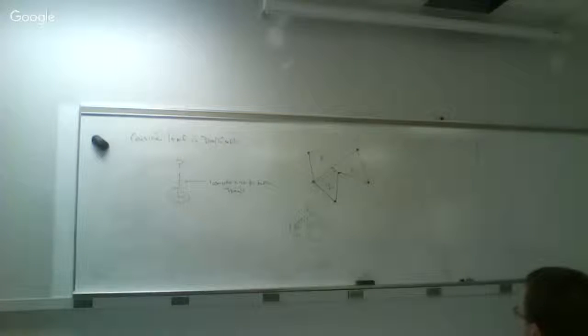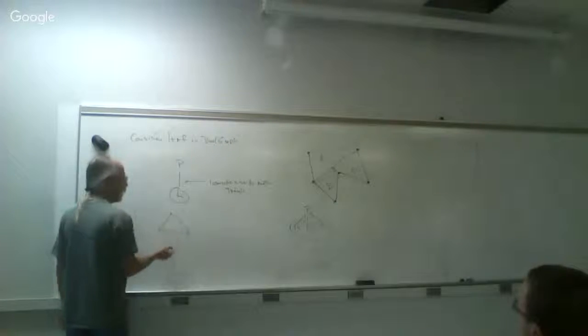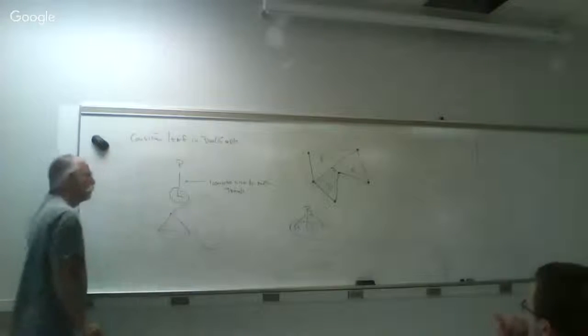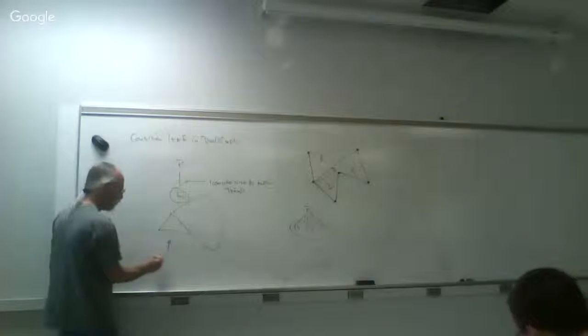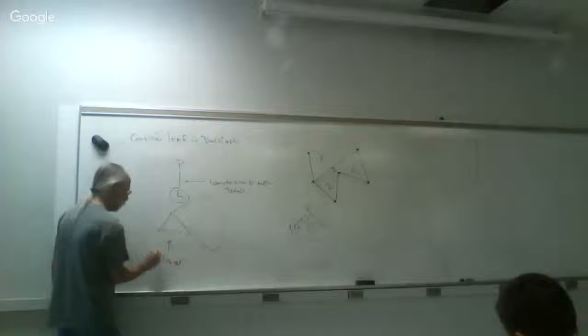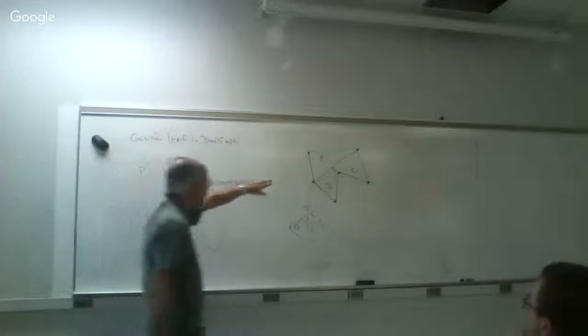So that one side, here's a triangle. Pick a side. Let's pick this side. This is the side that's connected to the rest of the triangulation. So basically, this triangle sticks out. It's a technical term. It sticks out from the rest of the polygon. Well, A is a leaf here.